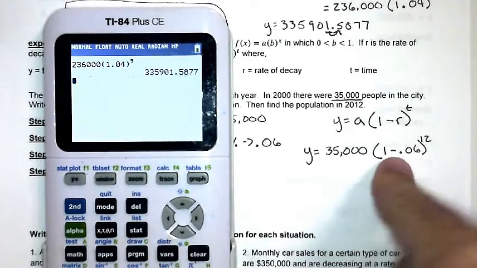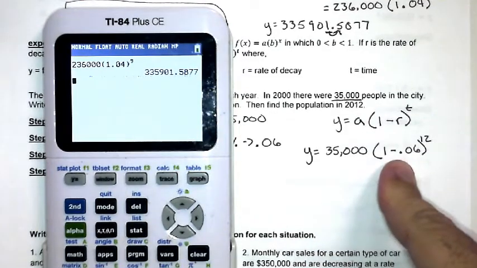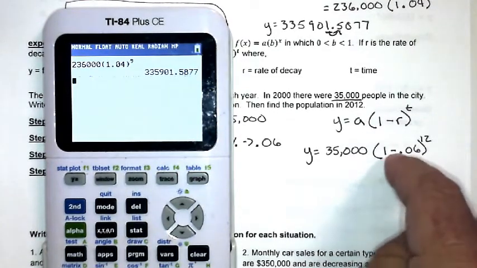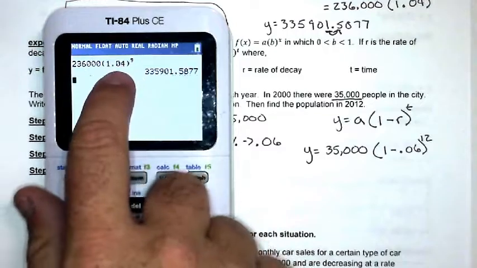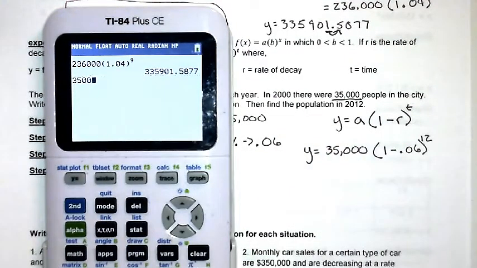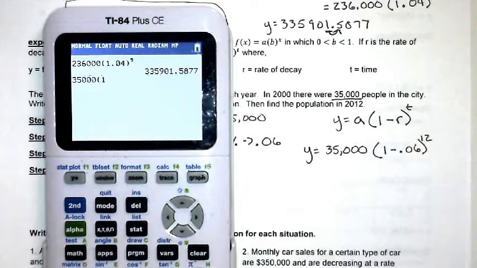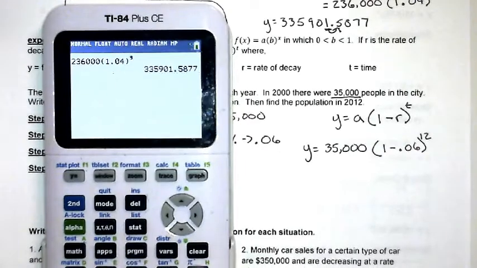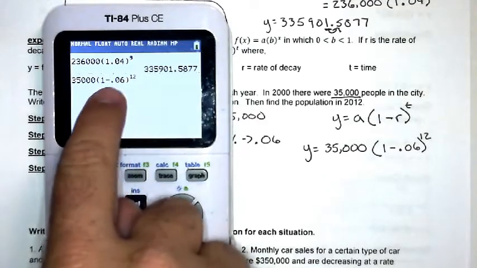So you got to know what's happening there. You just subtract or you're adding, okay? But see here I did the adding already, but I don't need to. 35,000 times 1 minus 0.06 raised to the power of 12 will give you the same answer as if I did 1 minus 0.06 beforehand.